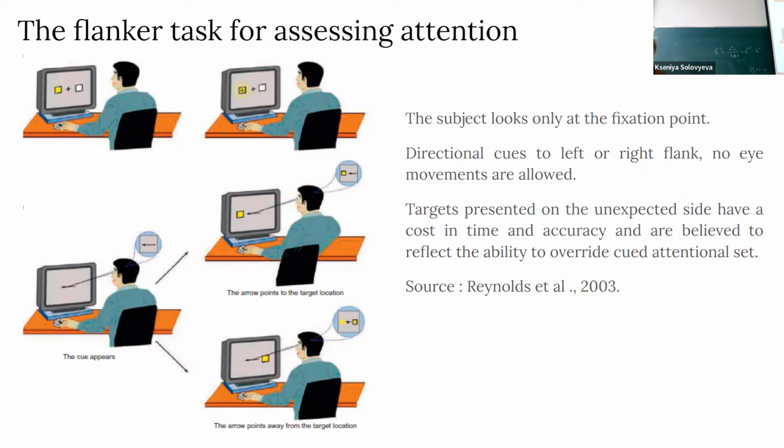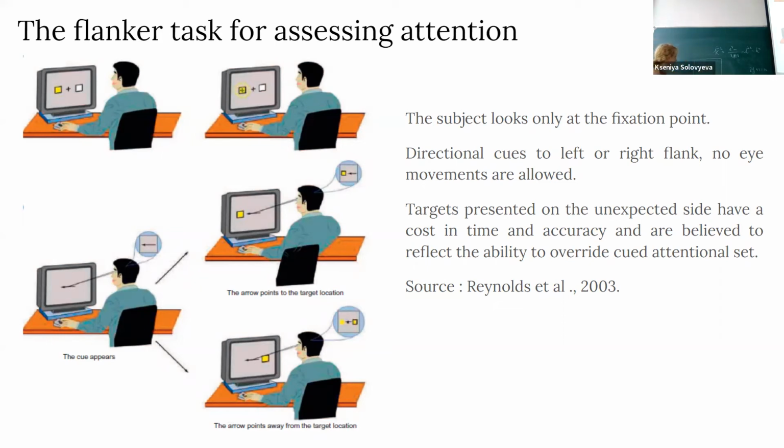Posner did these experiments for monkeys and for people, but I think in some way for people it was easier. They had a screen with a dot or something like that in the center, and people should look just at the center, and sometimes they see an arrow to the right or to the left.